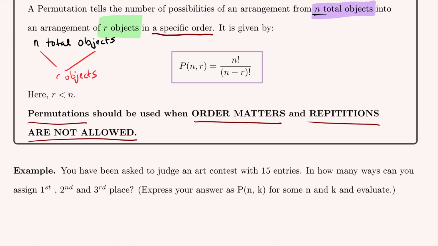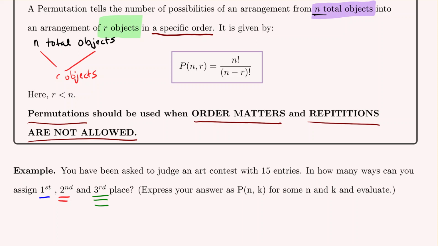Now, before we get started and focus on the formula, let's instead make sure we understand why in this situation order matters and we can't repeat the objects. The way we're going to think about this problem is, since we're asked to select first, second, and third place, the first artwork that we pick will be assigned first place.